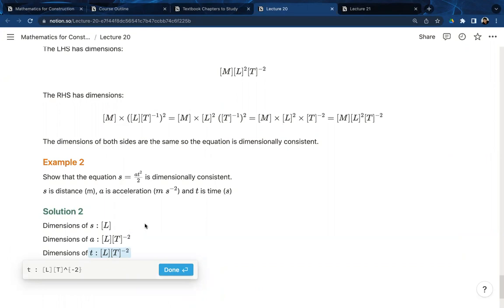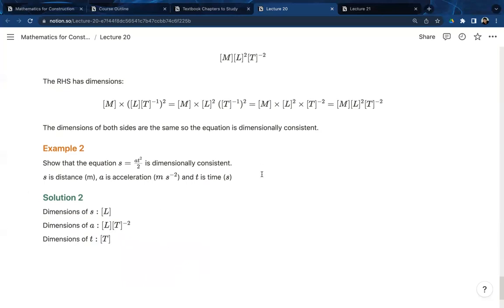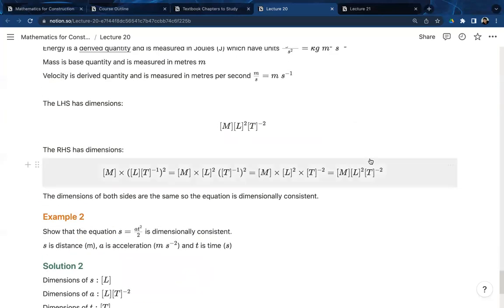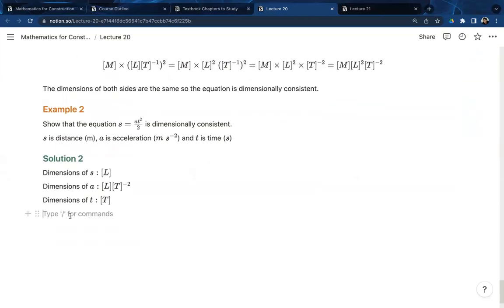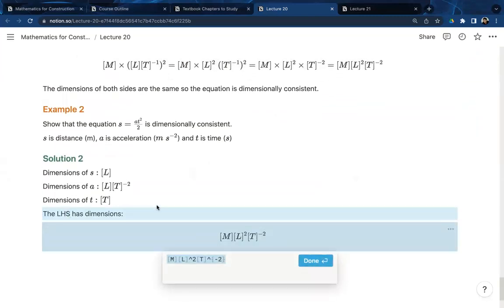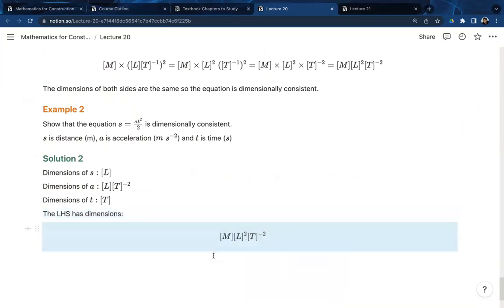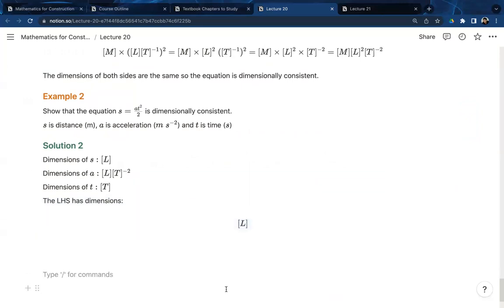So the units is seconds, but the dimensions is T, right? So when we look at the formula there, we had to look at the left-hand side. Left-hand side has dimensions, which is just L.